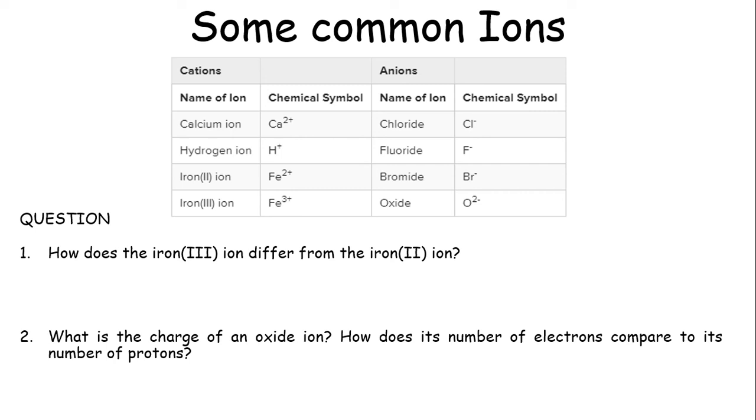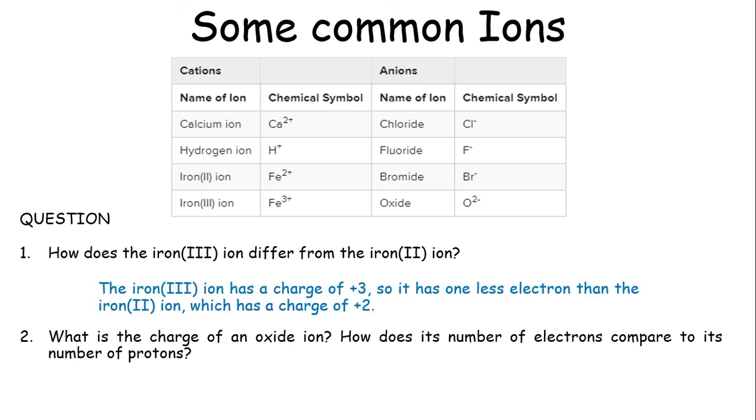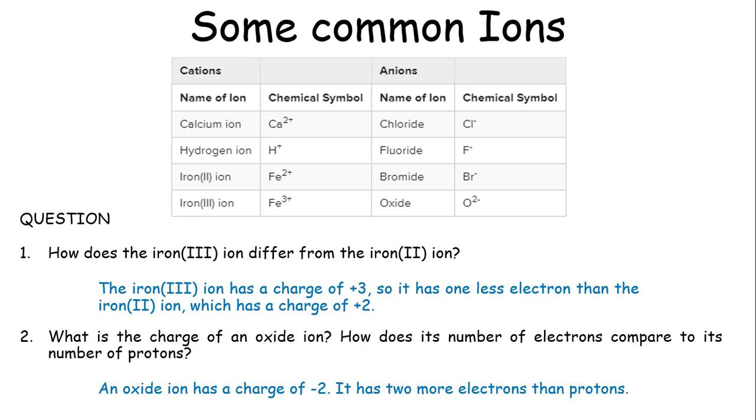What is the charge of an oxide ion? How does its number of electrons compare to its number of protons? So the iron 3 ion has a charge of positive 3. So it has 1 less electron than the iron 2 ion, which has a charge of positive 2. An oxide ion has a charge of negative 2.